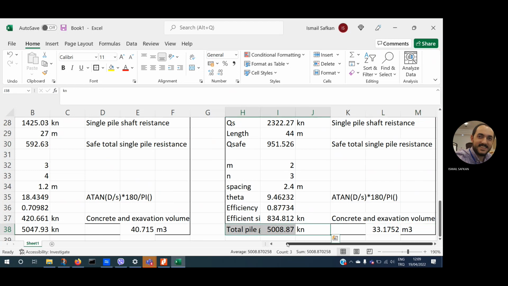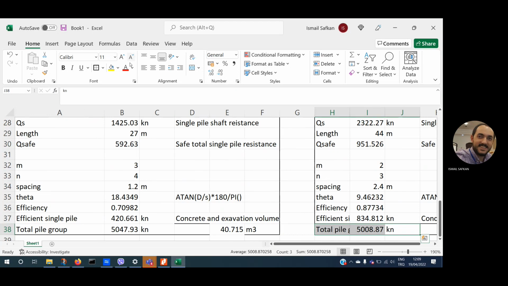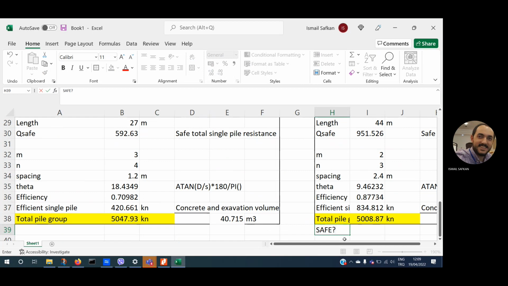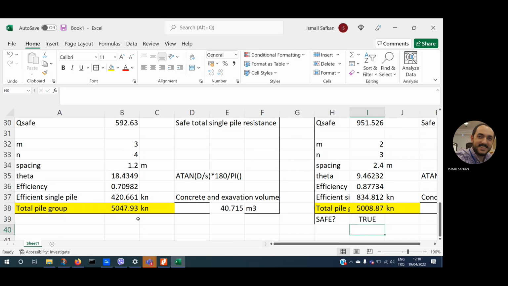This is the first condition we check. Right? Look, this and that is above 5,000. If you want, ask. Safe, 5,000 less than you calculated. True. The same thing.